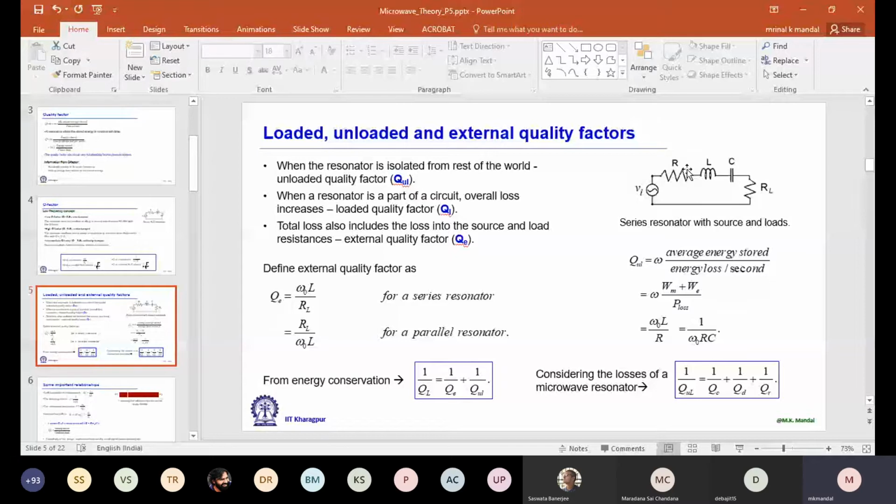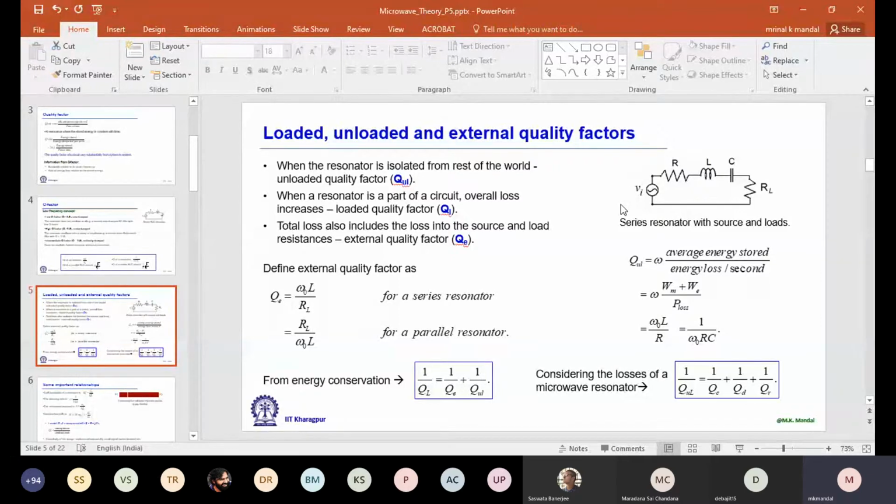If I now calculate the unloaded quality factor using its definition, it comes out equal to omega naught L by R, or we can also express it in terms of the capacitor, equal to 1 by omega naught RC. This is for the resonator only. Now we connect the source from the left hand side and a load RL on the right hand side. For this example, I am showing one ideal voltage source.